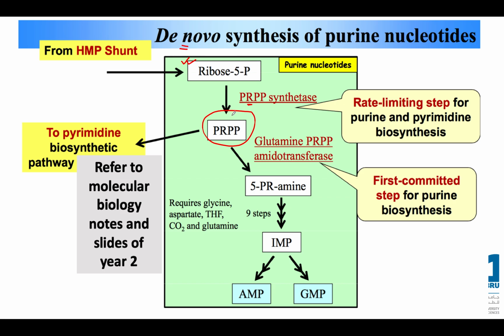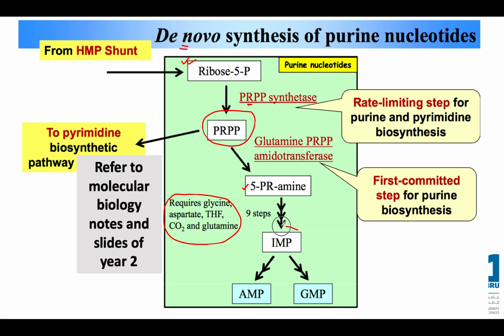Now, once I have phosphoribosyl pyrophosphate in the presence of the enzyme glutamine phosphoribosyl pyrophosphate amidotransferase, it is converted to 5-phosphoribosyl amine, and through successive steps this is converted to inosine monophosphate, and these successive steps require the different molecules that give rise to the different parts of the purine ring, which I mentioned previously.